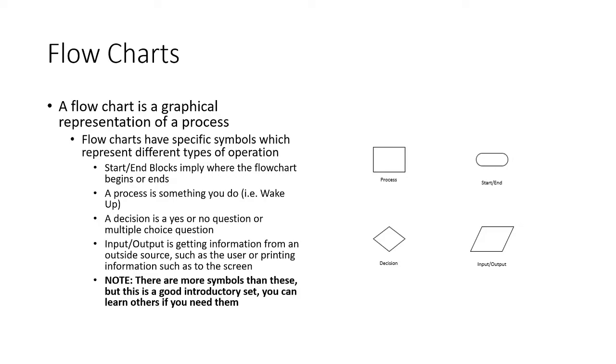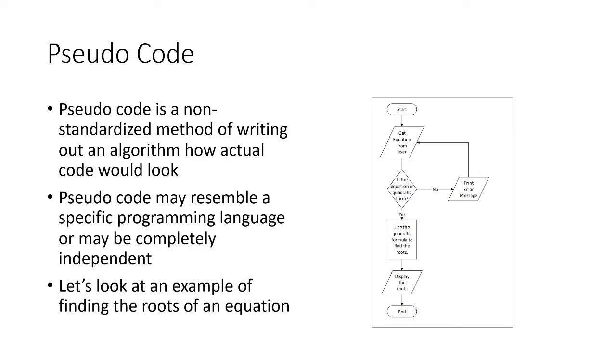Okay, so let's take a look at what pseudocode is, and then we can look a little more into the details of algorithm development. Pseudocode is sort of a non-standard method in that there is not a single pseudocode layout that everybody has agreed upon. There are dozens, if not hundreds, of different pseudocode layouts, but they all try to accomplish the same thing.